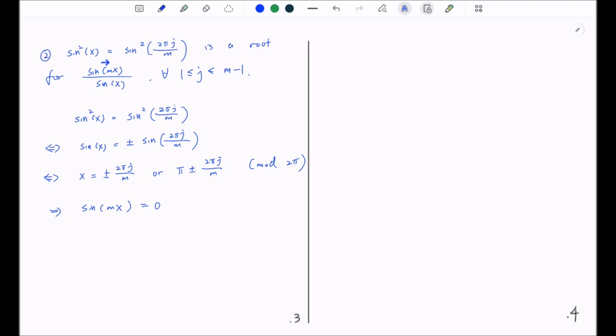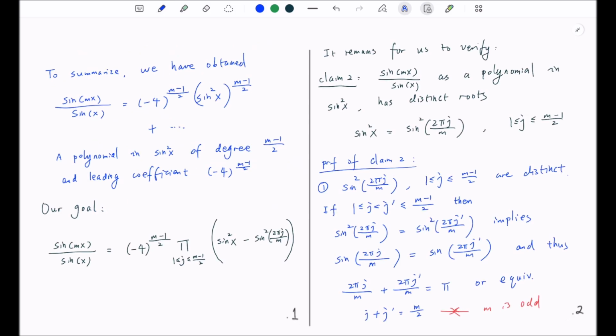So this polynomial vanishes at sine of x squared equal to this for any j. And this finishes the proof of claim 2. And by the unique factorization theorem for polynomials, we have proved this trigonometric lemma.